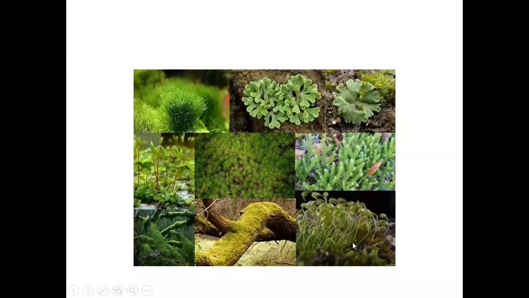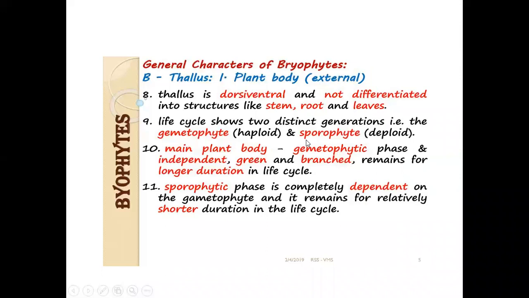This is a Marsilea plant. And you can see Selaginella and Anthoceros. These are the examples of bryophytes. So now the habit is done, that is, where they grow and how they are, we have studied. Now we are going to the thallus, that is, how the plant body looks externally.